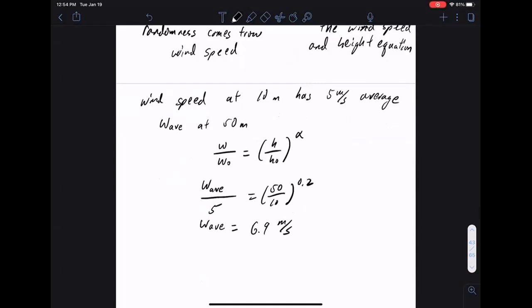Right. So then if you look at the distribution, if you recall, we now get pi over 2 times 6.9 squared, e to the minus pi over 4 times 6.9 squared.